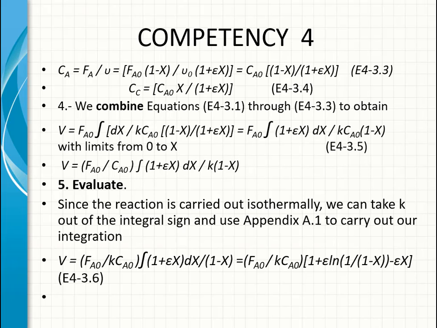So we bring all the constants outside of the integral, and we will have that the volume is equal to FA0 divided by kCA0 and the integral of 1 plus epsilon X dX divided by 1 minus X. And that integral is equal to 1 plus epsilon times the natural log of 1 divided by 1 minus X, minus epsilon X.